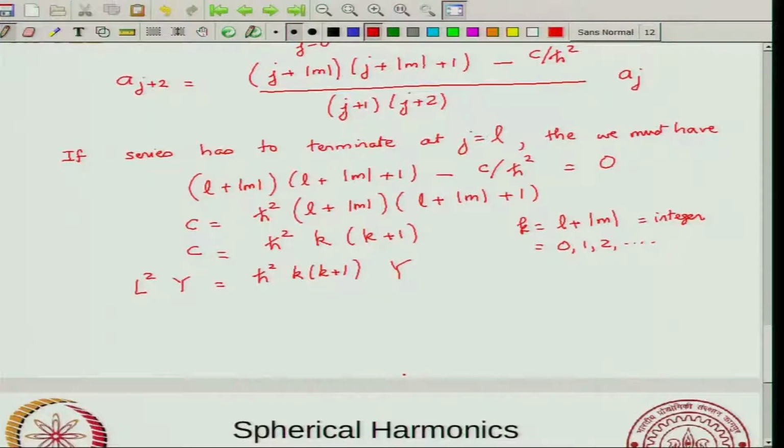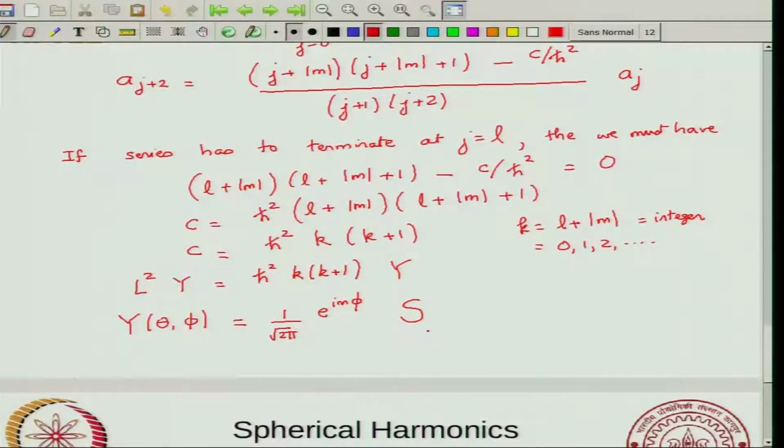A few more points I want to make, just to complete. When this series terminates, the solution Y of theta, phi takes the following form: 1 by root 2 pi, e to the i m phi, times something that is S. Now S is a function of theta, but it depends on these two quantum numbers.